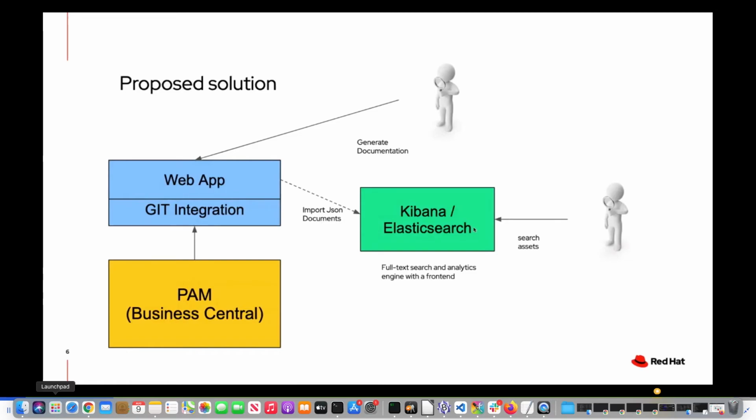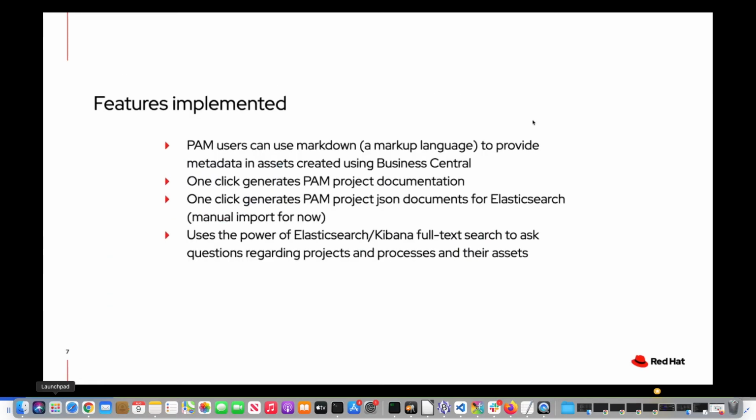The features I implemented so far: first of all, as I said earlier, PAM already provides you the flexibility to enter metadata in each one of your assets. So what I have added is that I allow you to use Markdown, which is a markup language, to provide your metadata to define your business projects. You can use tables, lists, etc., whatever you can find in Markdown. For those who are familiar with GitHub, you probably know that all these README.md files are written in the Markdown language.